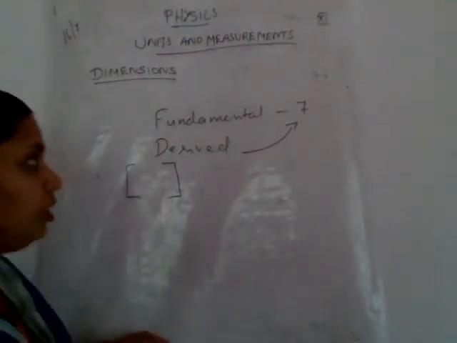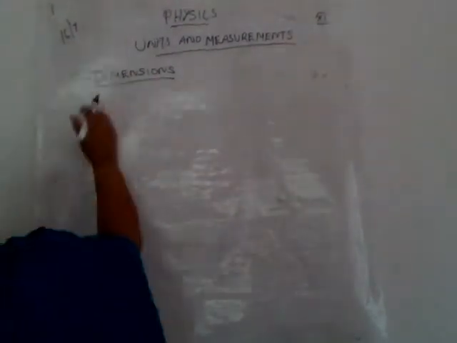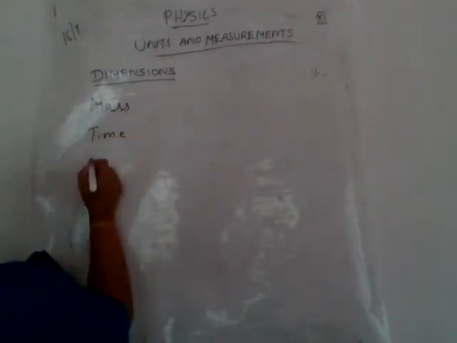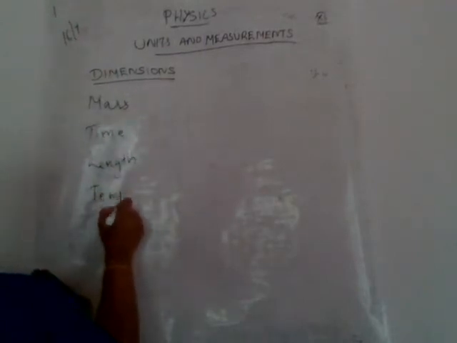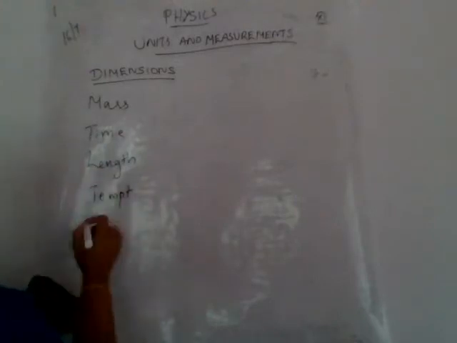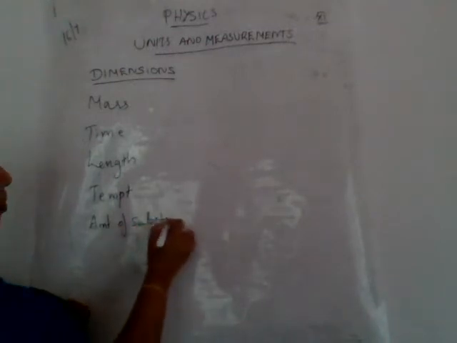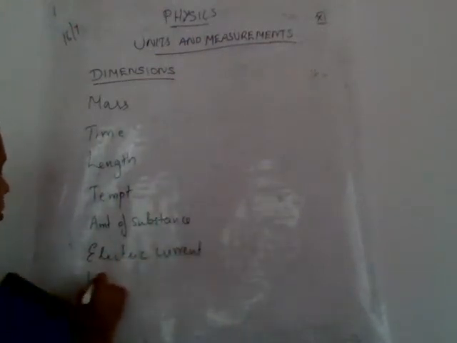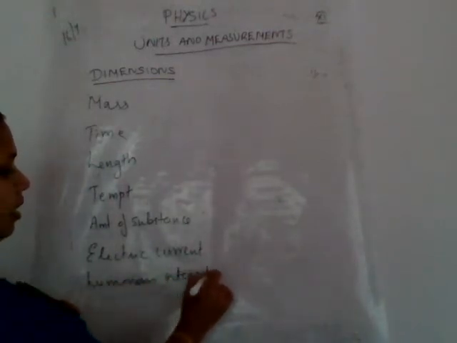If you write the quantity inside the square bracket, that is the dimensional representation. So the fundamental quantities, I'll write them: mass, time, length, temperature, amount of substance, electric current, and the last one, luminous intensity.